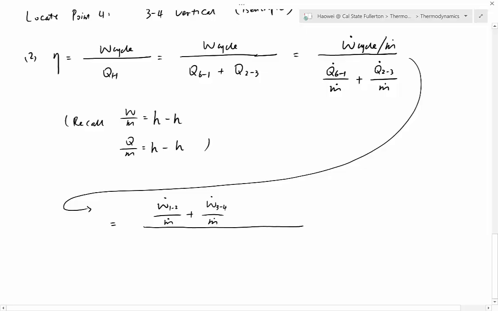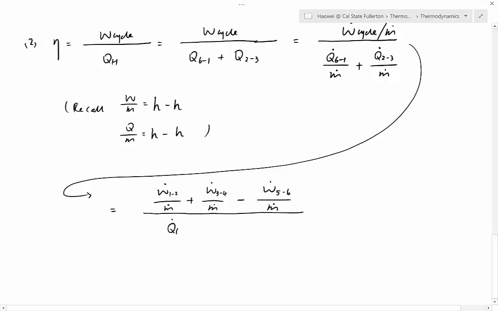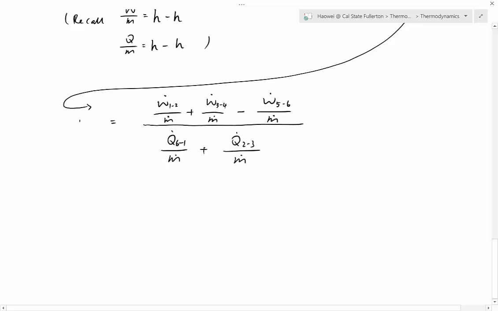So those two terms combined give you the work generated, and then subtract the work consumed. The pump consumes work, which is process 5 to 6. So now we have rewritten the numerator. And then let's copy the denominator. It's Q dot 6 to 1 over M dot plus Q dot 2 to 3 over M dot. Okay, left-hand side is still efficiency.